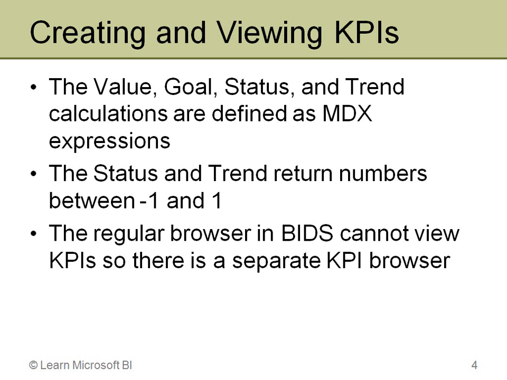The status and trend, when you build your calculation, need to return a number between -1 and +1. So 0 is in the middle, -1 is the worst case, +1 is the best case. So you'll build a formula then that returns a value based on whatever your calculation is, returns somewhere between -1 and +1.